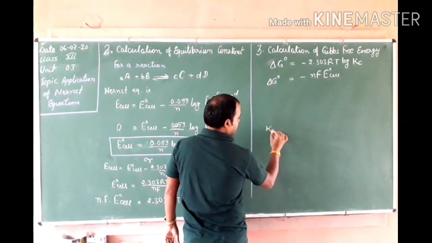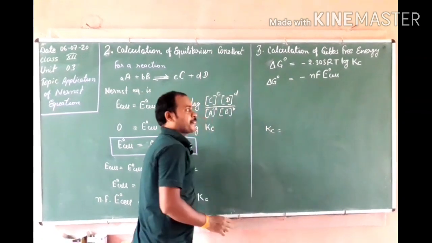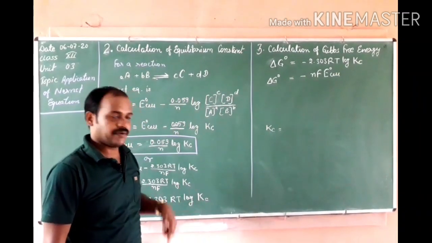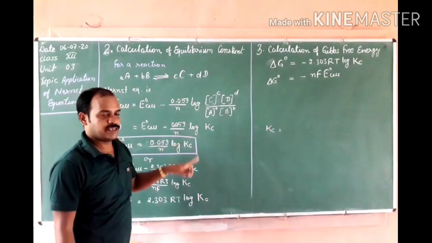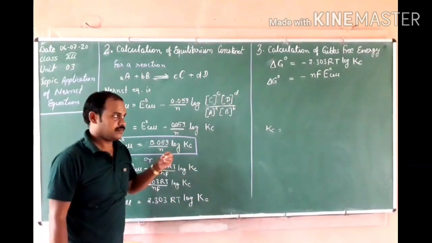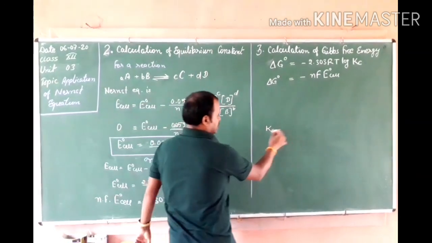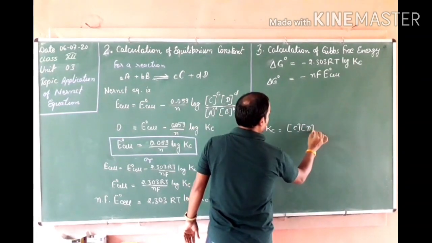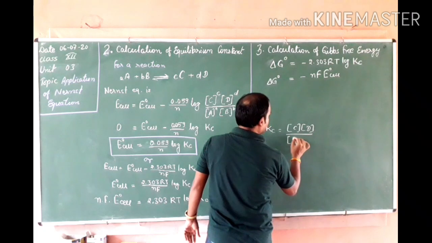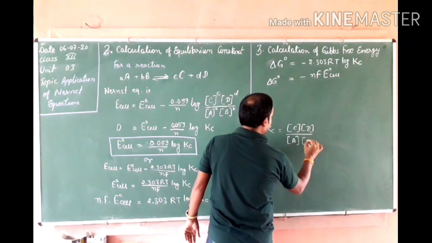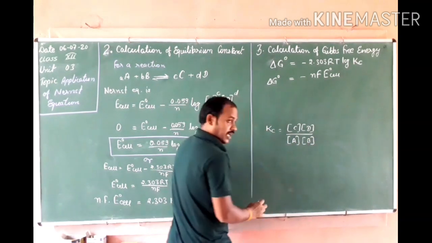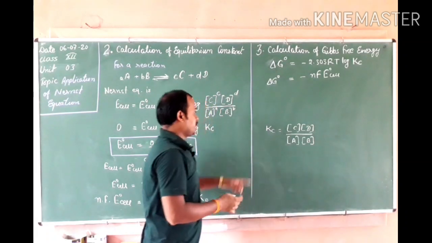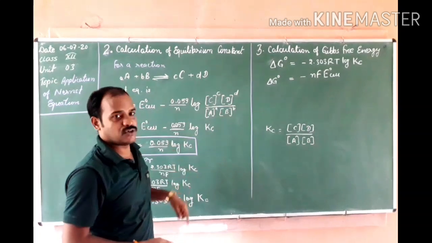The equilibrium constant Kc is equal to the product of active masses of products divided by the product of active masses of reactants, with their concentration terms raised to the power equal to their stoichiometric coefficients.